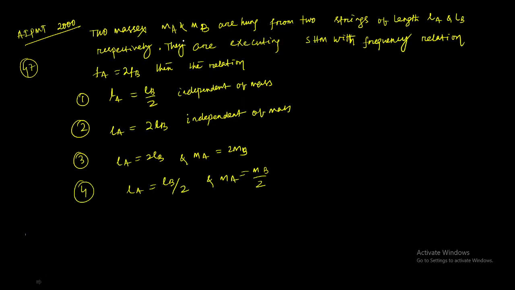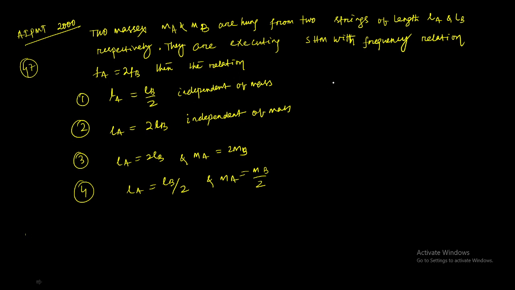47. Two masses M, A and B, are hung from two strings of length LA and LB respectively. They are executing SHM with frequency relation FA equal to 2FB. Then they are asking the relation between the lengths.